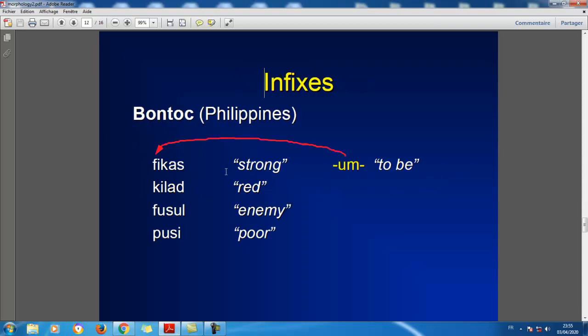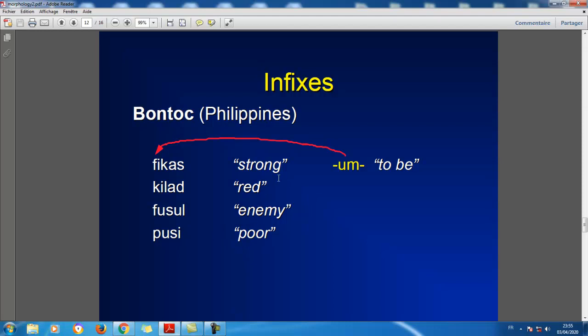Now here we have another example that's going to represent the infix. This is taken from the language Bontoc from the Philippines. So look here at these words. Fikas means strong, kilad red, fusul enemy, pusi poor.